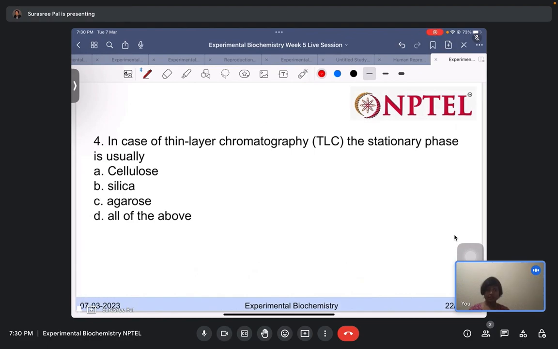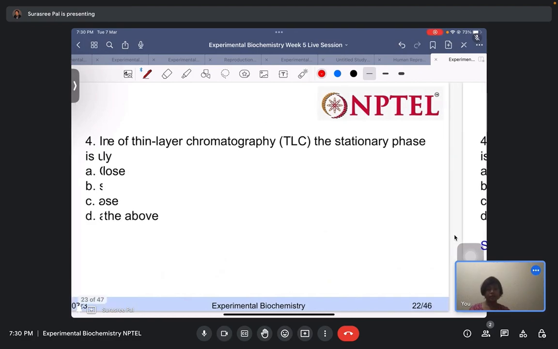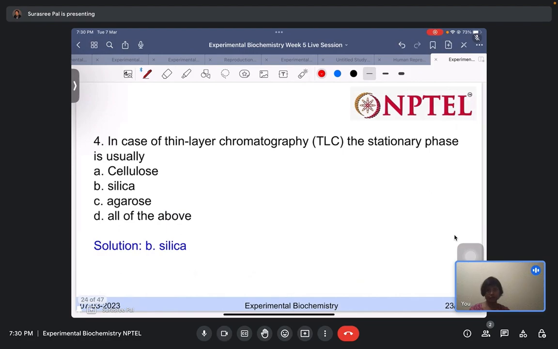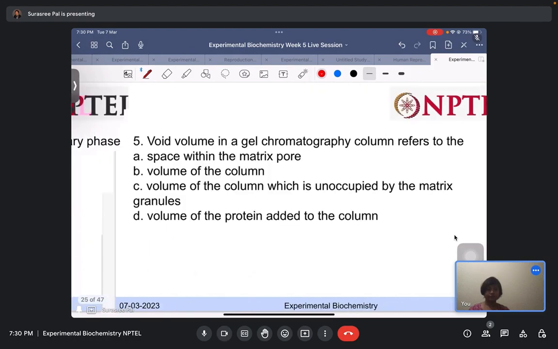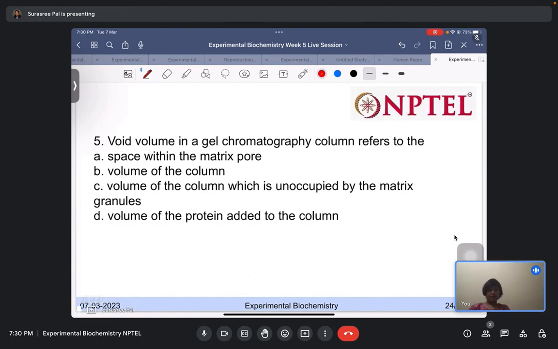Next question, in case of thin layer chromatography, what is the stationary phase? The stationary phase is usually silica for thin layer chromatography. Correct answer is silica. Next question, void volume in a gel chromatography column refers to space within the matrix pore, volume of the column which is unoccupied by the matrix, or volume of the protein added to the column.